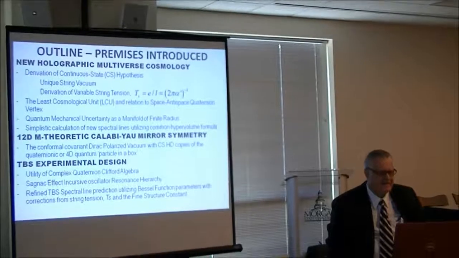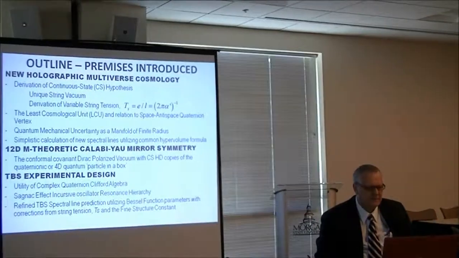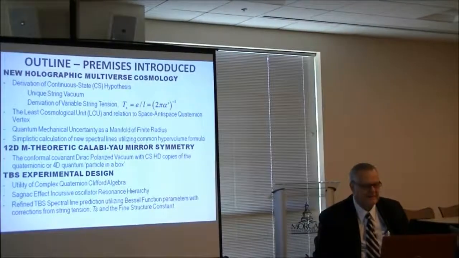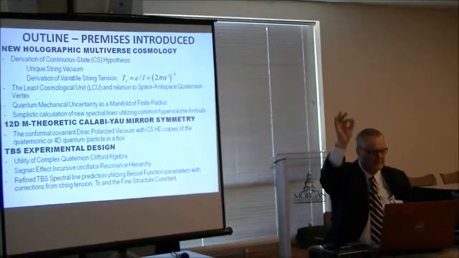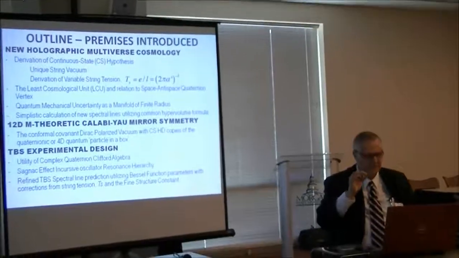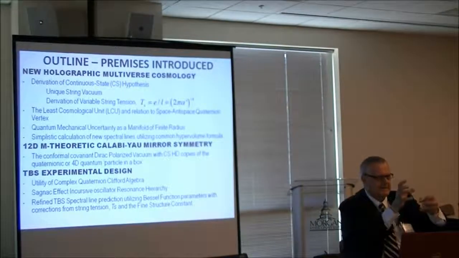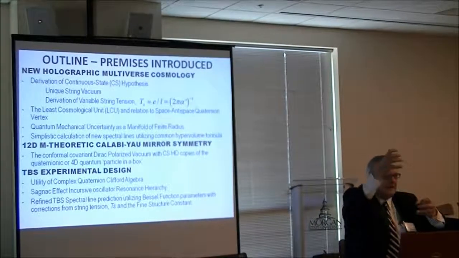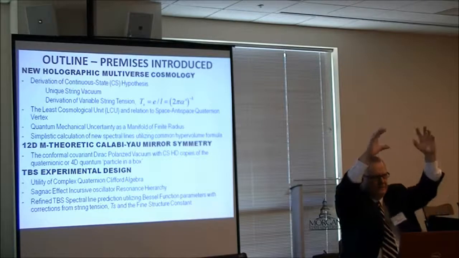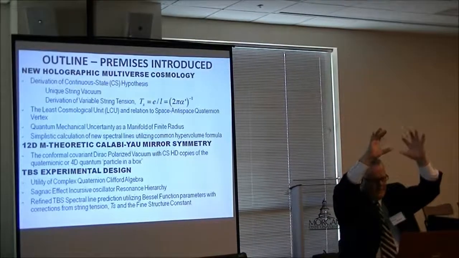The other addition to the conformal covariant Dirac polarized vacuum is that it's conformally scale invariant. As we'll show in a minute, this particle in a box, 3 or 4 space, has left-right copies in the Calabi-Yau mirror symmetry up to the 12-dimensional model.